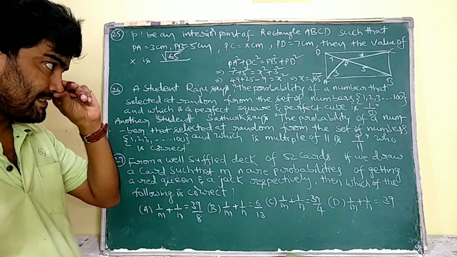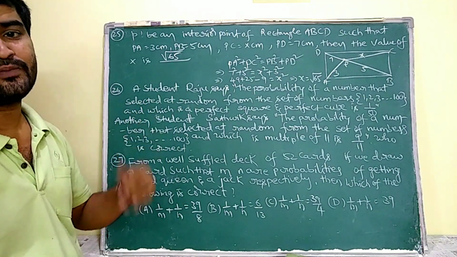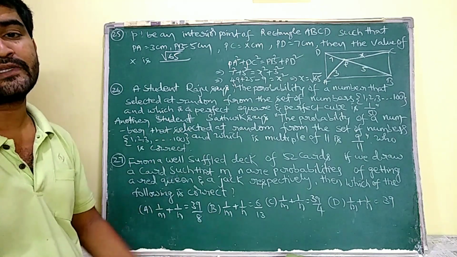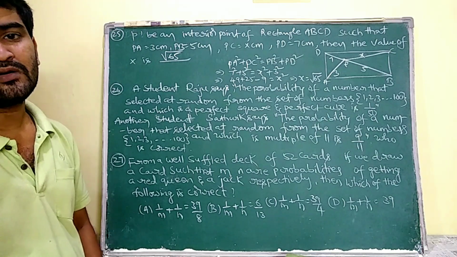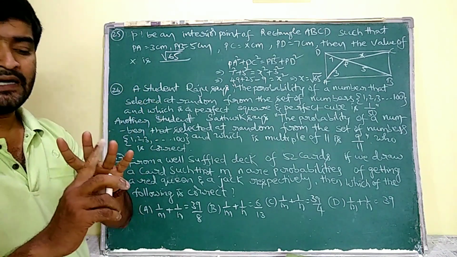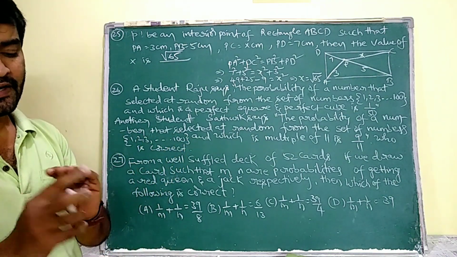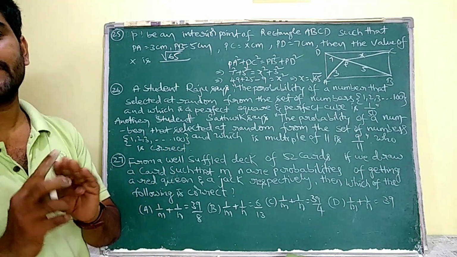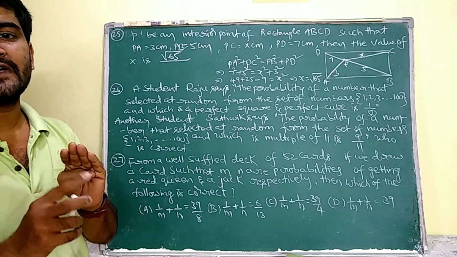Next, cubes: we know that 4 cube is equal to 64 and 5 cube is equal to 125, which is more than 100. So only 1 cube, 2 cube, 3 cube, 4 cube we are having: 1, 8, 27 and 64. Now among these four, which are the numbers that are both perfect squares and perfect cubes?